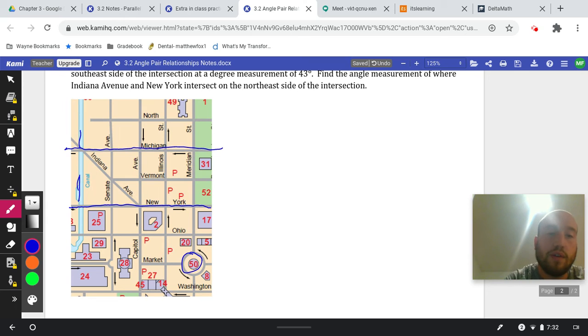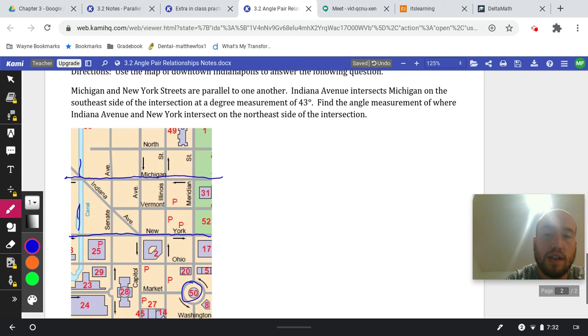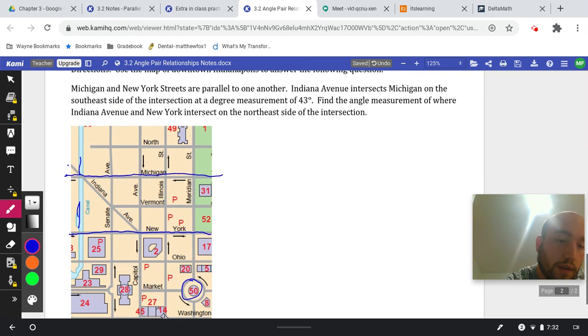Now, we also know that Indiana Avenue intersects right here, and this is like our transversal. Now, it says the southeast side, so let's make our thing, never eat slimy worms or never eat soggy waffles, whatever you use to memorize that.